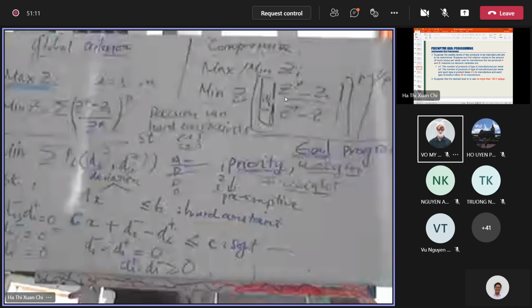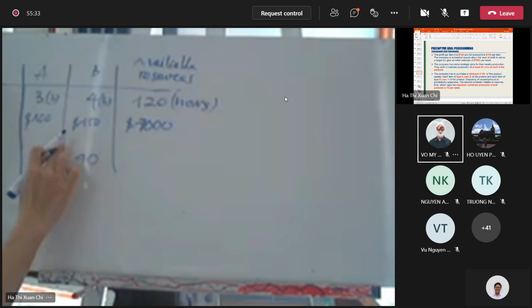So it means A must be at least 40 units, and the same for B. Minimum.